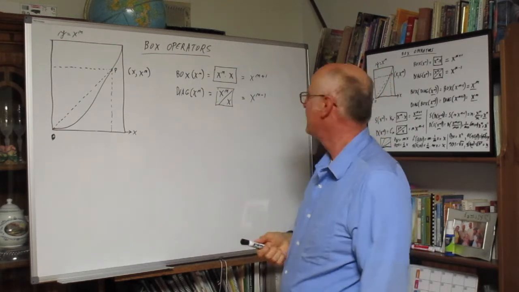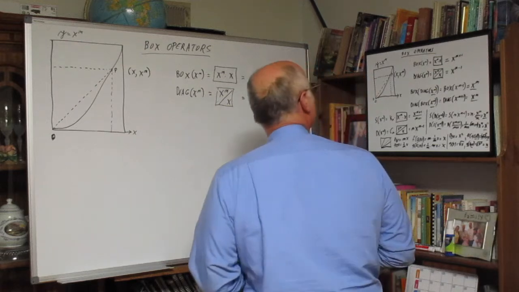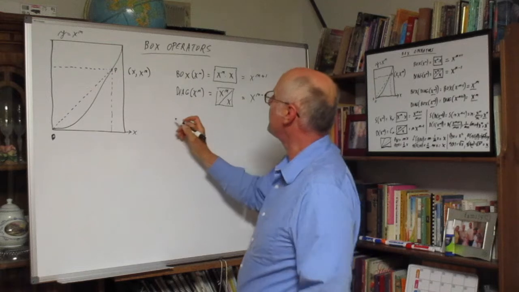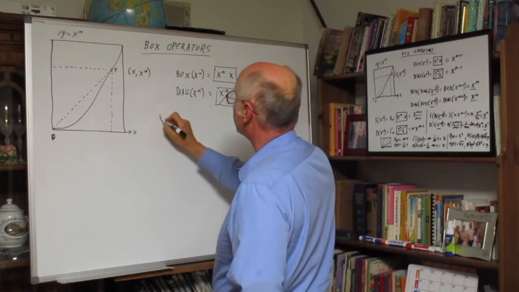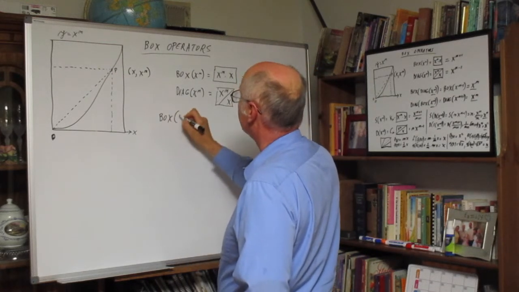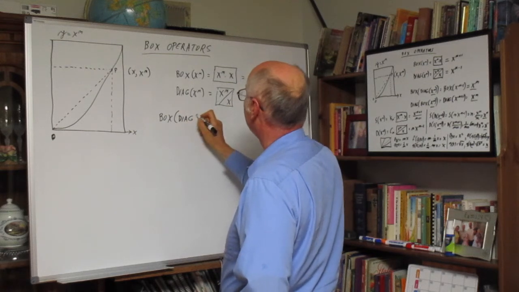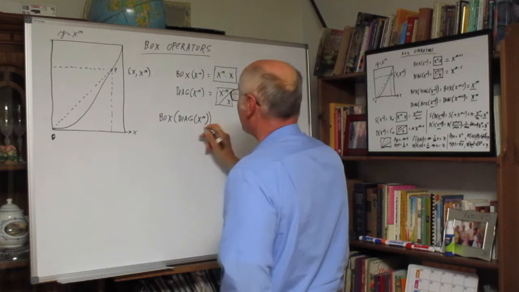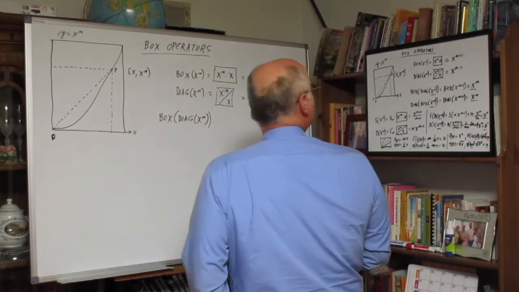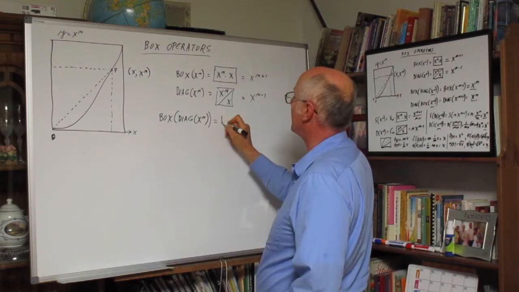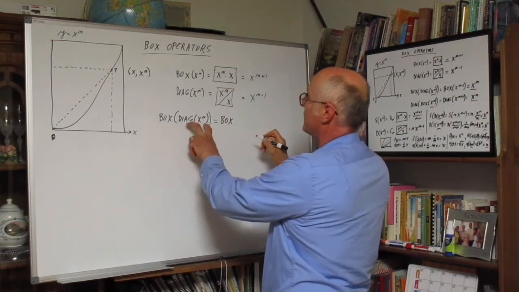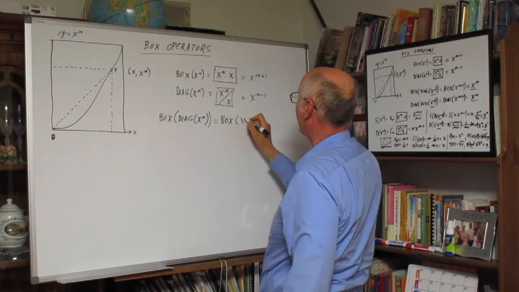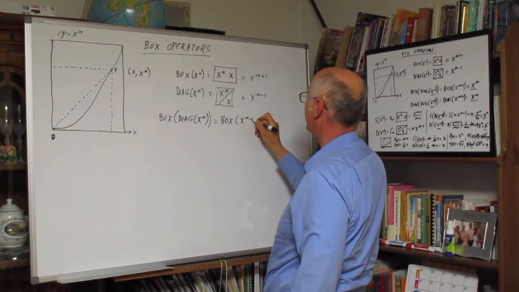One more. So let's look at how these are inverse operations. What if you said the box of the diag of x to the n? Right? You can do that, right? So that equals the box. What's the diag of x to the n? Well, that's x to the n minus 1, right?